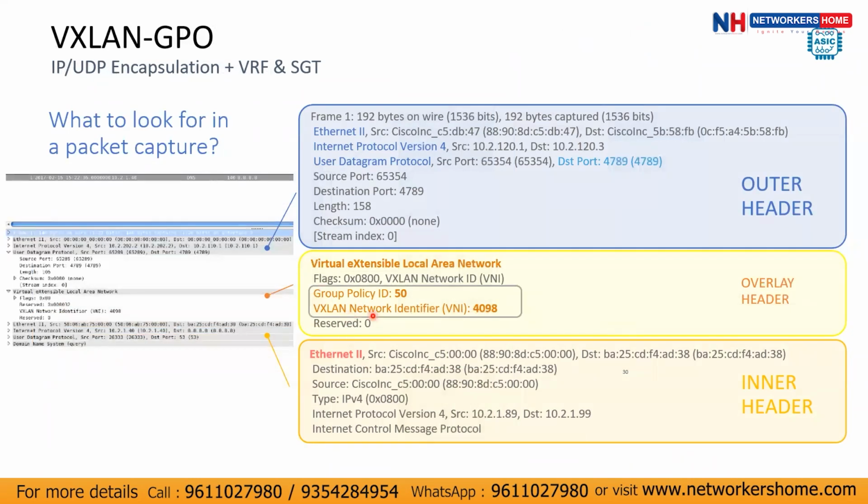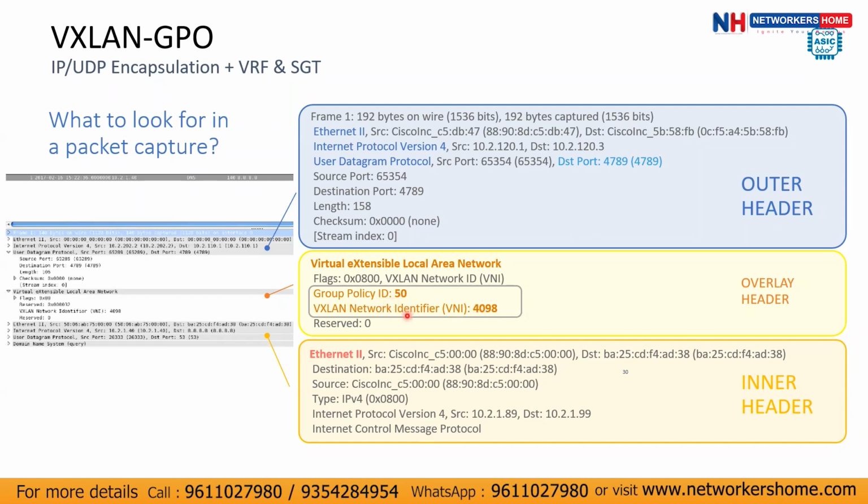Now, when we talk about the scalable group tag and VNI, you can see the group tag is the group policy ID, which is 50. You may not find names here like contractor or guest or HR, but each name has a specific number tagged to it, and that number is the value you may find in the header when you capture the packet, right?